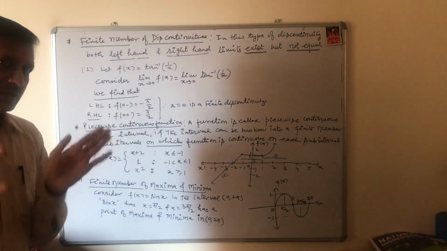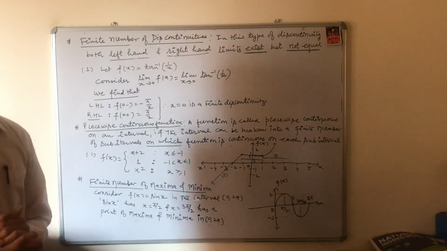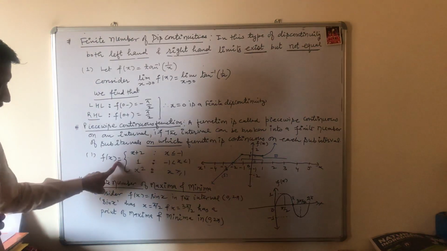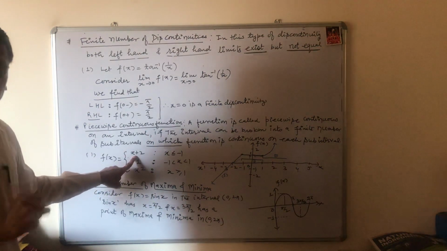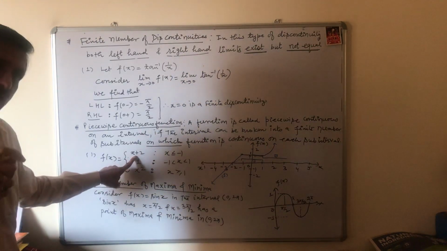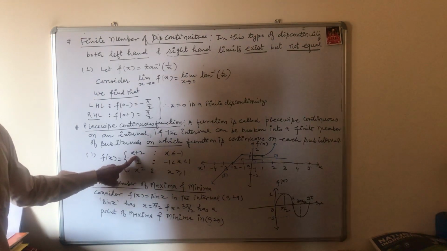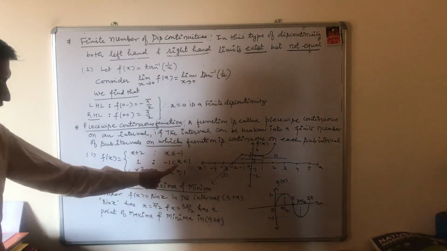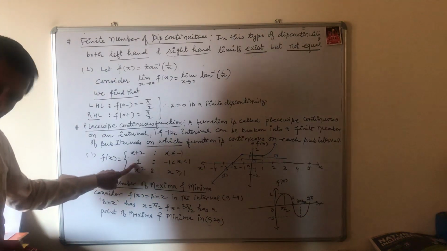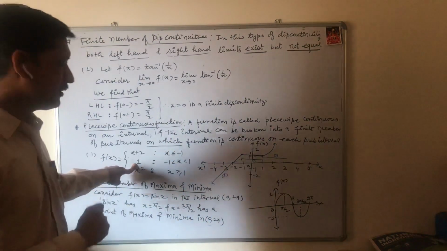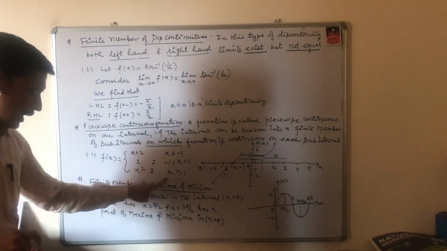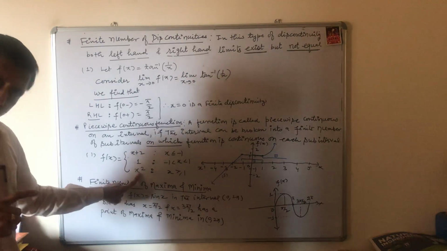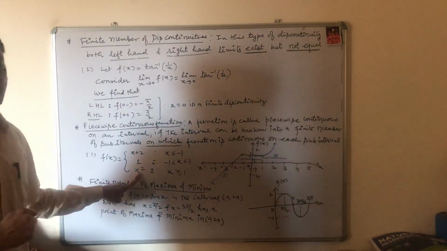Divide this interval into 3 subintervals. One is when x is less than or equal to -1, its function value is this one, and since this is a polynomial, and the characteristic of a polynomial is that it is always continuous in its domain, yes, this is continuous. When x is between -1 and 1, the value is 1, which is a constant function, again continuous. And in the third subinterval, for x greater than or equal to 1, this is again a polynomial which is also continuous in that interval.